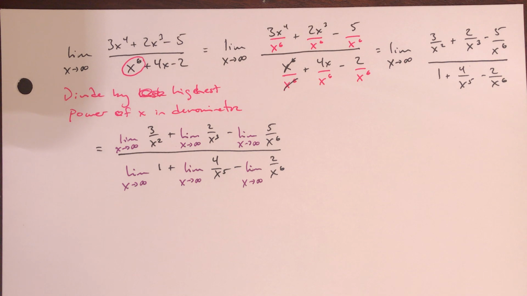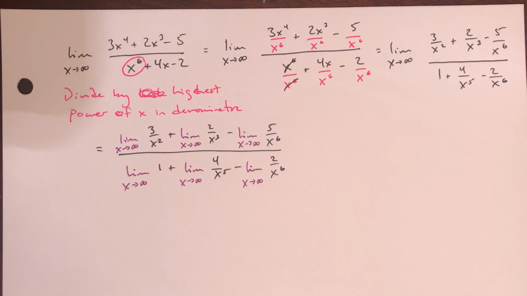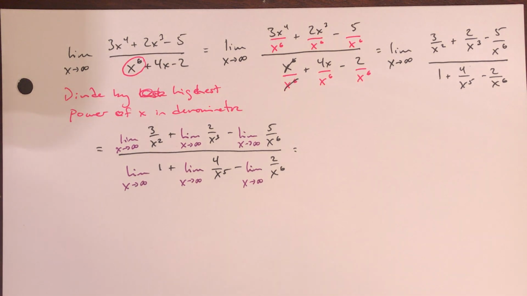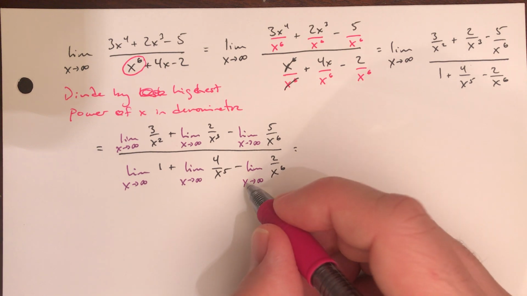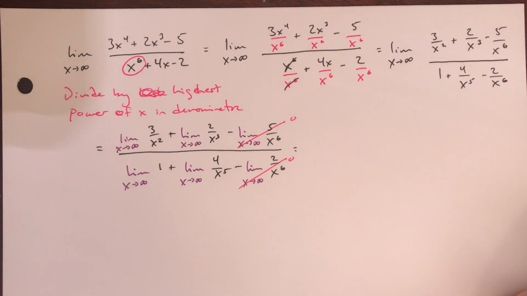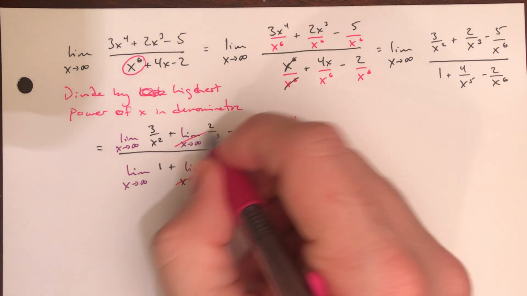We take the individual limits, and as long as all of those limits exist, this is a valid operation to do with limits. And then what happens to most of these? The limit of 2 over x to the n is 0. The limit of 5 over x to the n is 0. The limit of 4 over x to the 5th, 0.